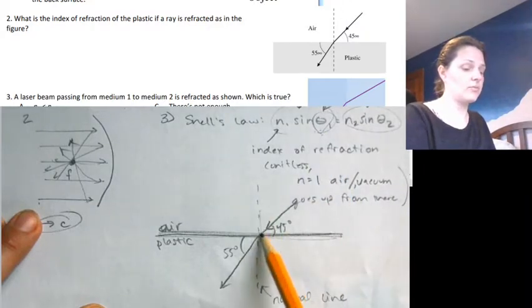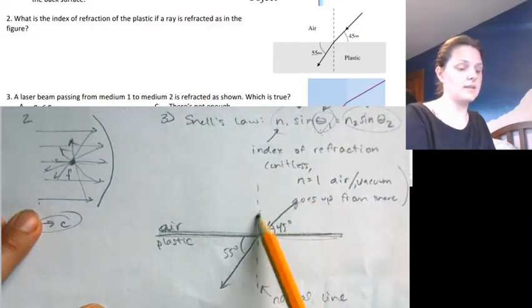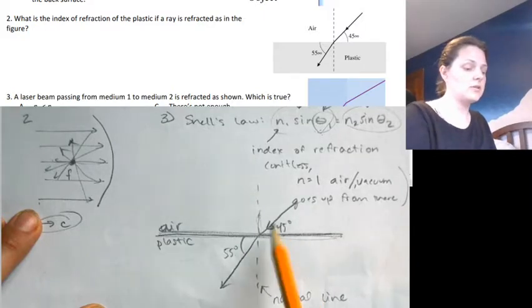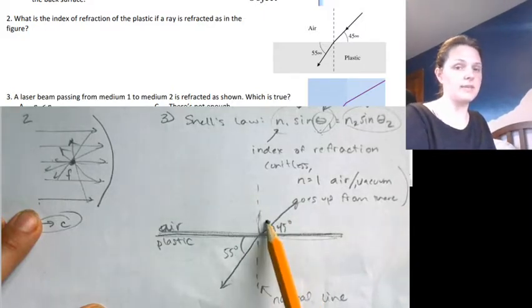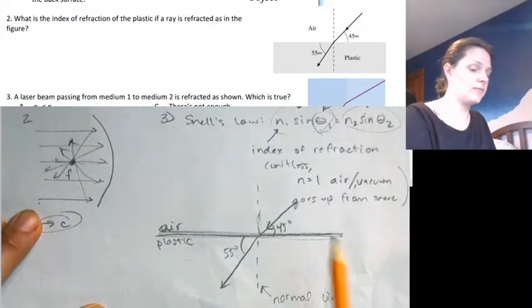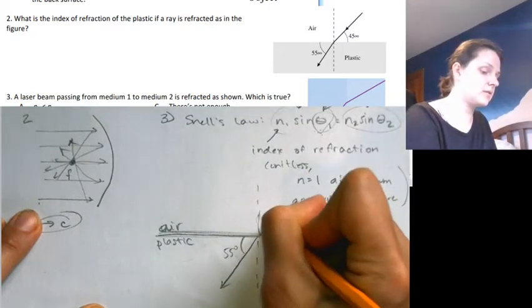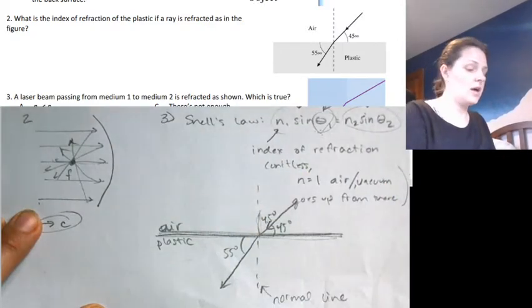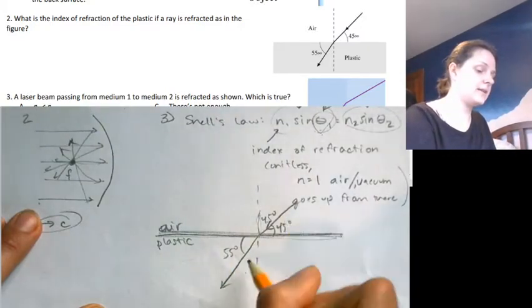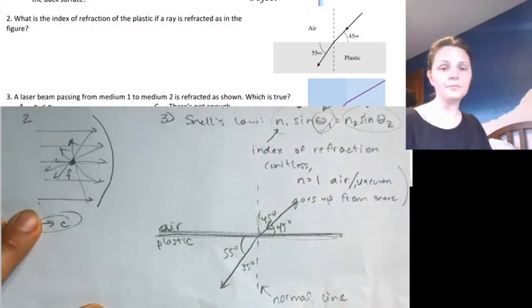So this right here is a right angle. That's what normal means. It means that it makes a right angle with the surface. So 45 plus whatever this angle is should equal 90. 45 plus 45 equals 90, so I'll put in 45 there. 55 plus some number equals 90, so that number there is 35 degrees.